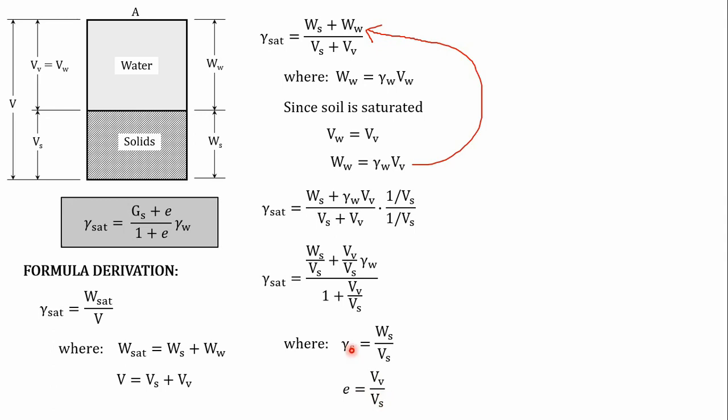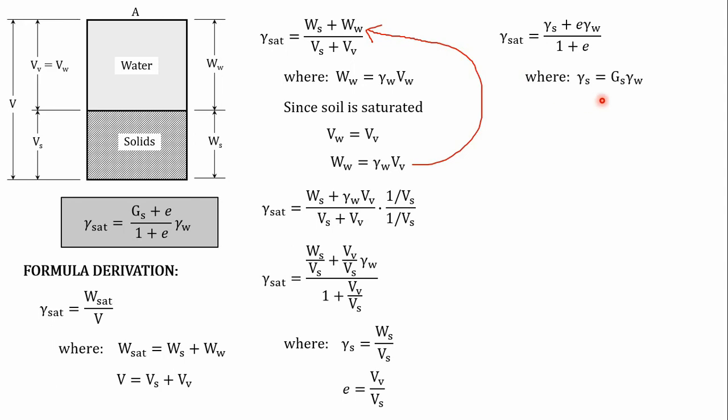Substitute natin tong dalawang to dito. So, saturated unit weight is equal to unit weight na solid particles plus void ratio times unit weight ng water over 1 plus e. Okay?